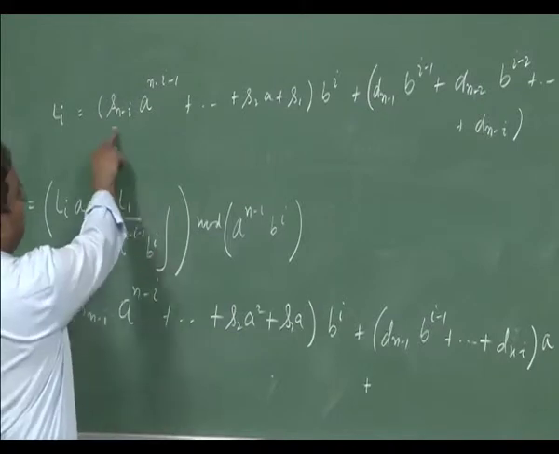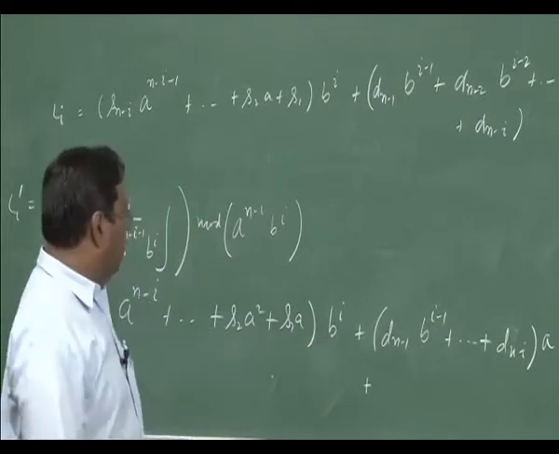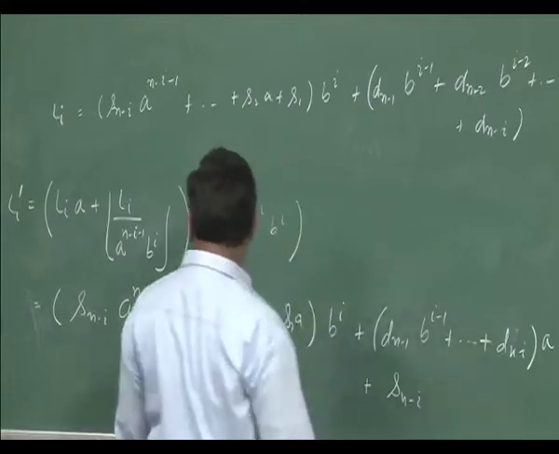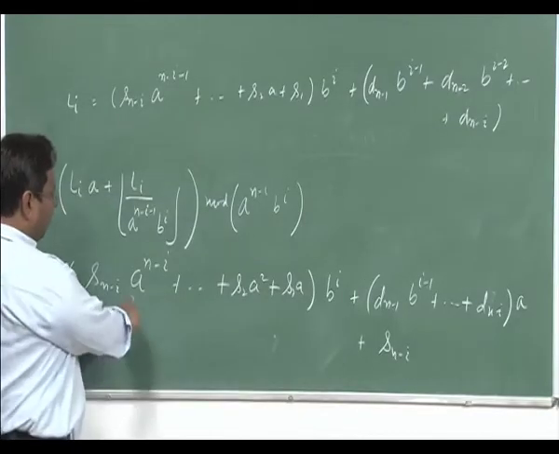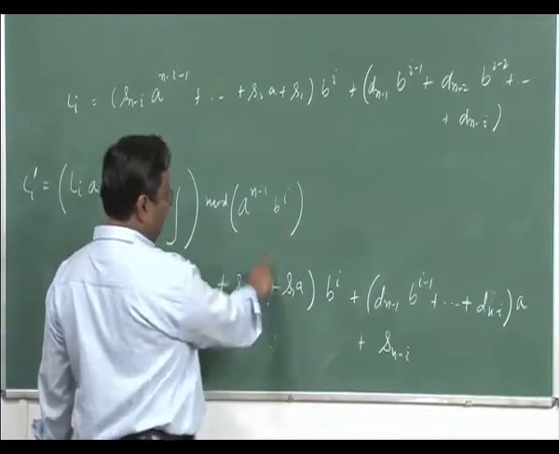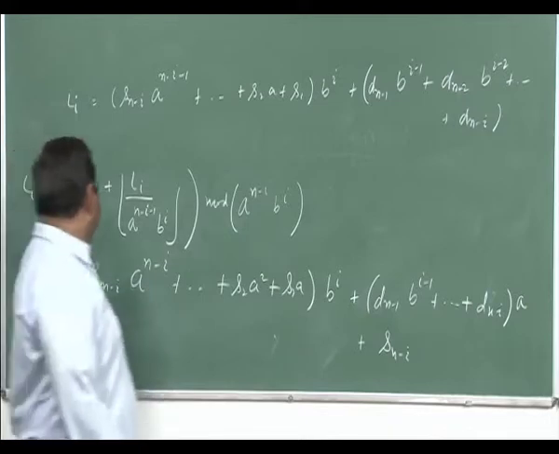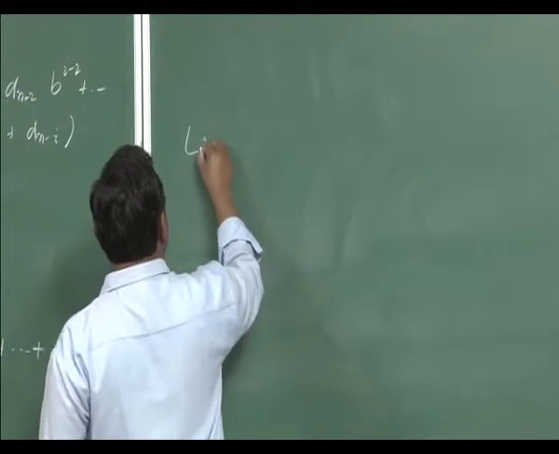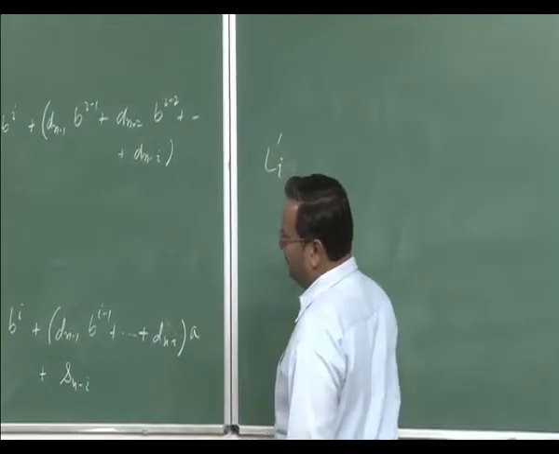Only this thing will be the whole thing which will be available, rest everything will become a fraction. So what you will get is S of n minus I. Now, when you take a modulo operation, only this A raised to power n minus I into B raised to I is complete, rest everything will still remain a fraction. So what I will get is Li plus 1. First of all Li prime only, I have to solve this because Li prime will come after the modulo operation.